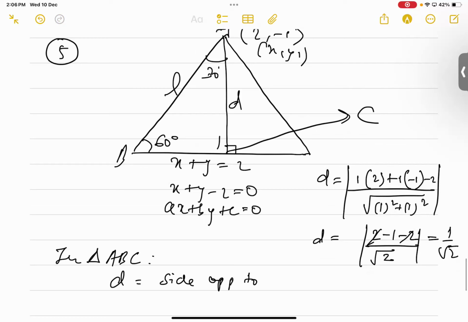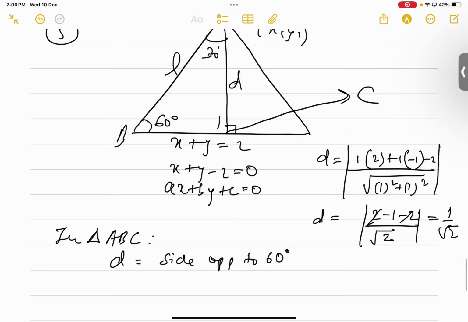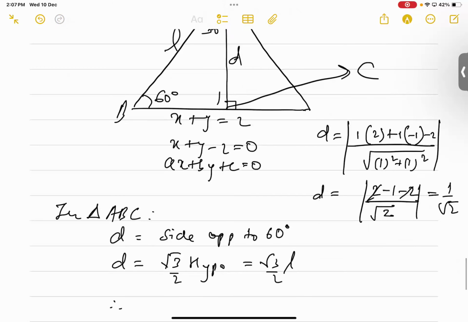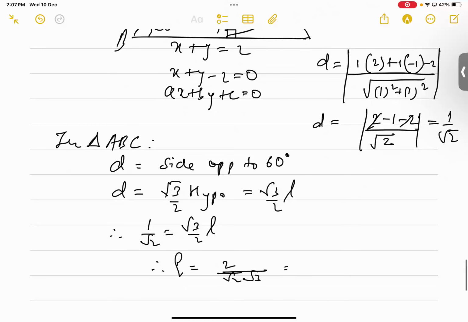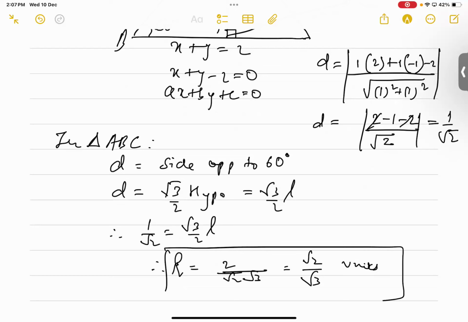Side opposite to 60 degrees. And what is side opposite to 60 degrees? Root 3 by 2 of the hypotenuse. So root 3 by 2 L. So what is D? 1 by root 2. Root 3 by 2 L. Correct? Therefore, L is equal to 2 by root 2, and root 3 is down. Correct? So that is going to be root 2 upon root 3 units. I cross multiplied, I got the value of L.